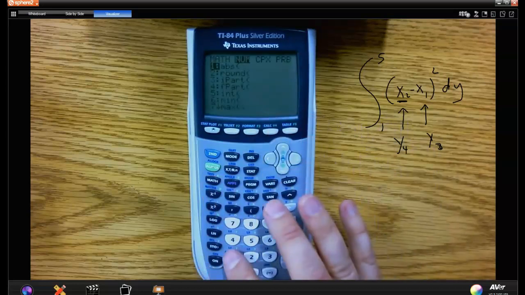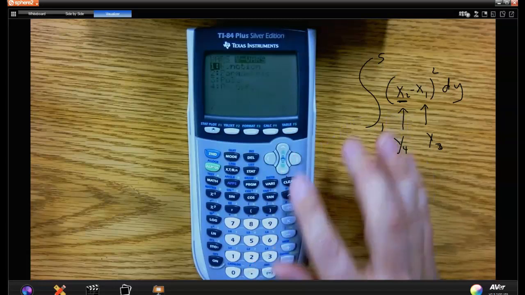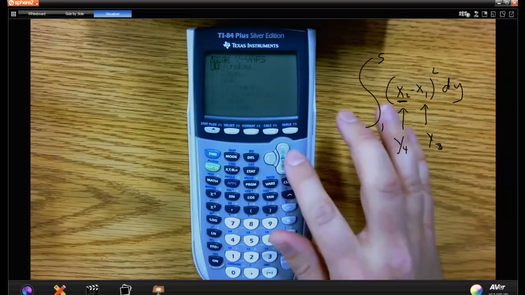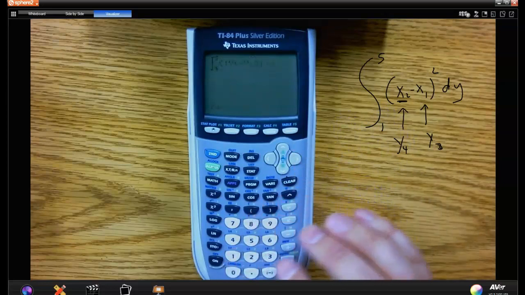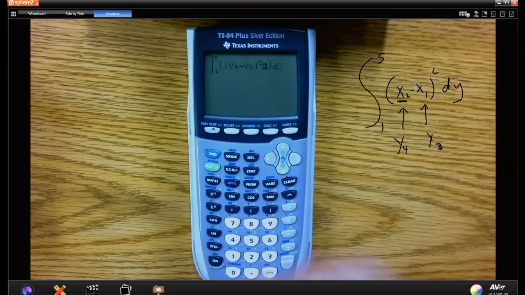Math, absolute value of y4 minus y3. And that needs to be squared, right? Because we're doing the area of a square, dx. And so for that one, I'm getting 0.53 with a bar on it. So that's how you would handle that one.